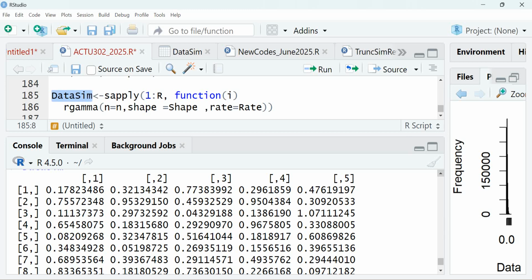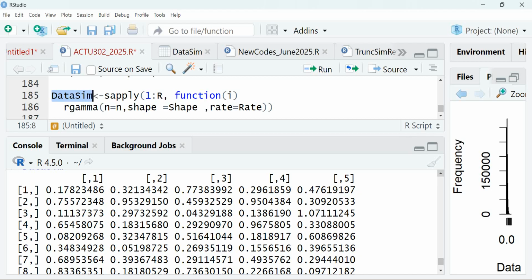Now, what is happening here is that I just want something to help me simulate or generate random samples from a gamma with these parameters, but repeatedly. So I took just a sample of 5. That's why the columns are 5.